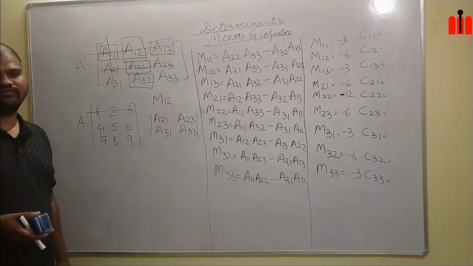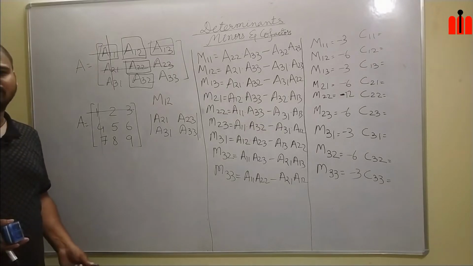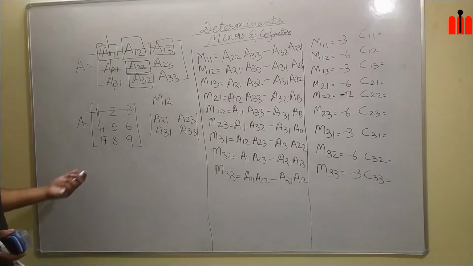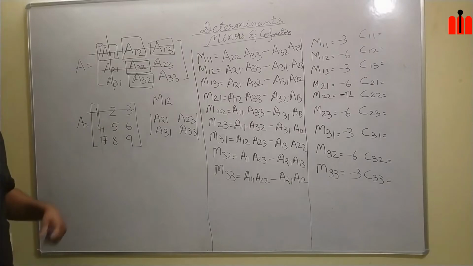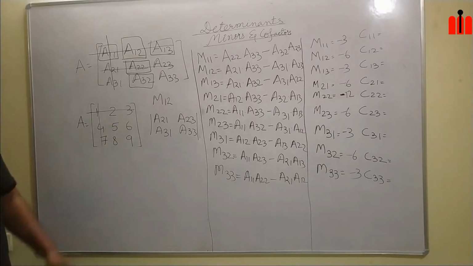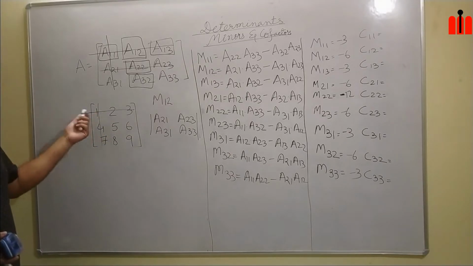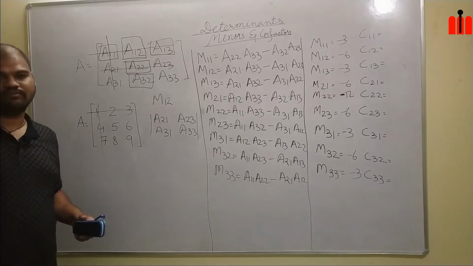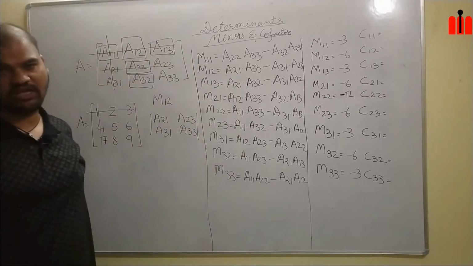M31 means third row and first column struck out. 2 6s are 12. 3 5s are 15. 12 minus 15 is minus 3. M32. Third row second column struck off. 6 1s are 6. 4 3s are 12. 6 minus 12 is minus 6. M33. Third row third column struck off. So 5 1s are 5. 4 2s are 8. So 5 minus 8 is minus 3. Right? So we found all 9 minors over here.